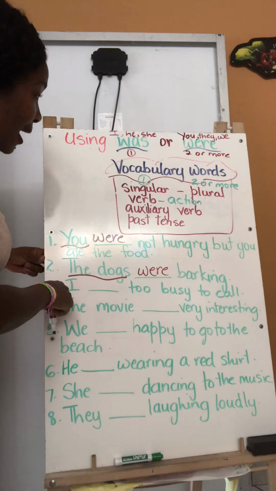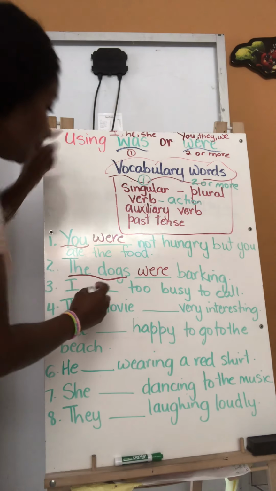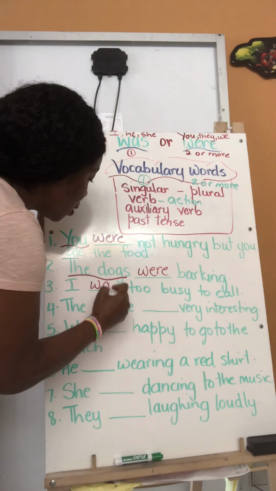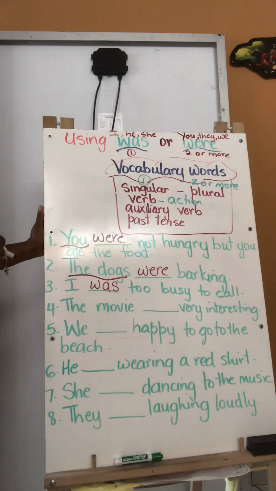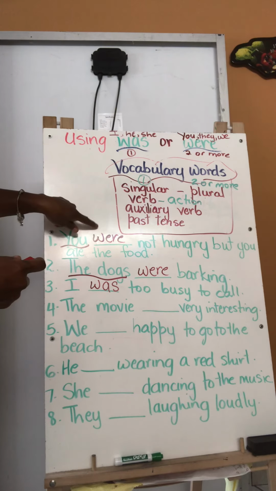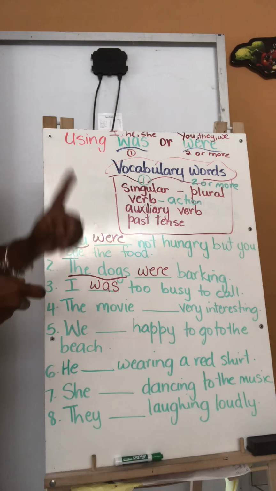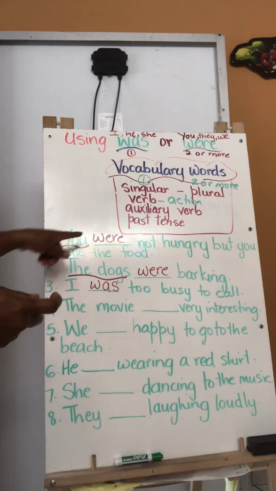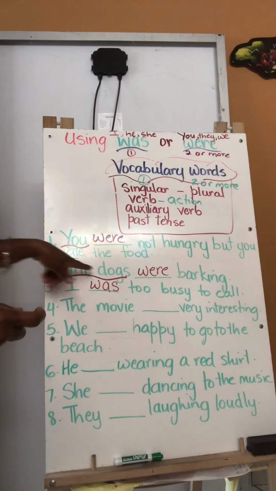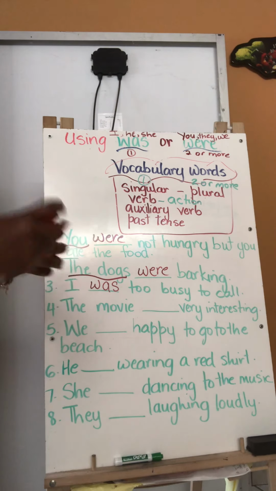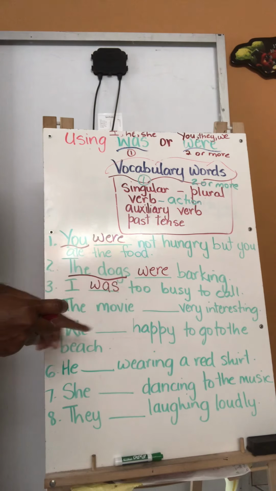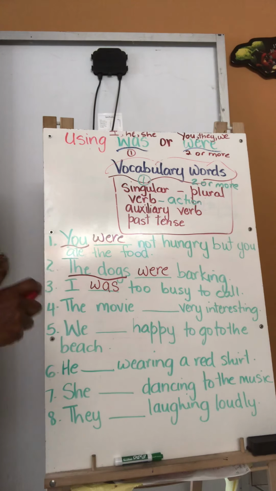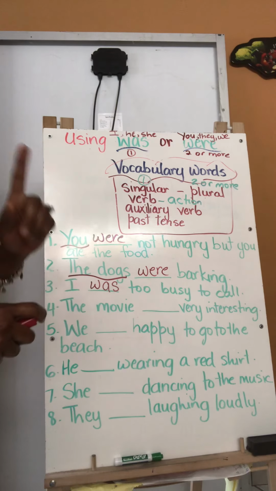So I was too busy to call. So let's go again. You always go with were, even though you can be used to refer to one. The dogs, more than one dog, were. I always go with was.